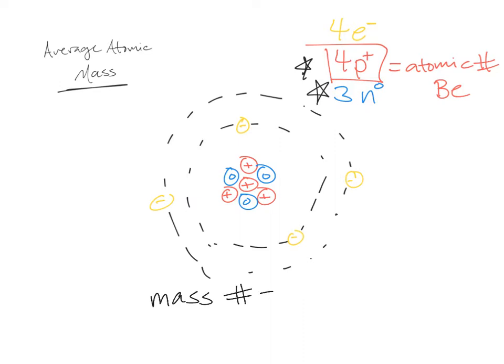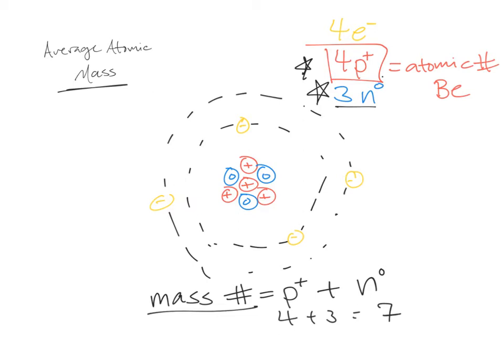And the mass number is the number of protons, which I'm going to abbreviate as P positive, plus the number of neutrons, N with the 0. For this atom, we've got 4 protons and 3 neutrons, so you get 4 plus 3 equals 7. And this atom has a mass number of 7.